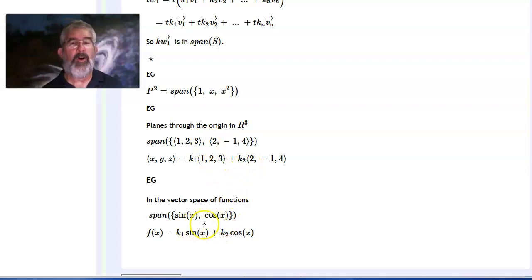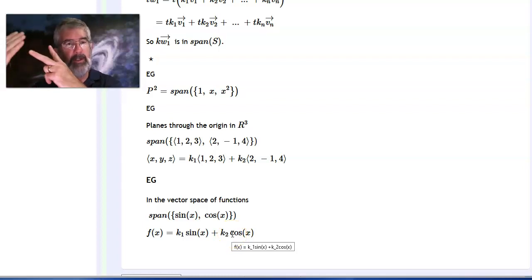So when I look at all the linear combinations of sine and cosine, what I visualize is a plane out there in whatever this vector space of functions looks like. I don't really know what it looks like, but I know what that plane looks like. It's this flat thing that just kind of cuts through it. One direction is the direction for sine, another direction is the direction for cosine, and I'm just filling in all the linear combinations in between, and I'm making that plane. Okay?